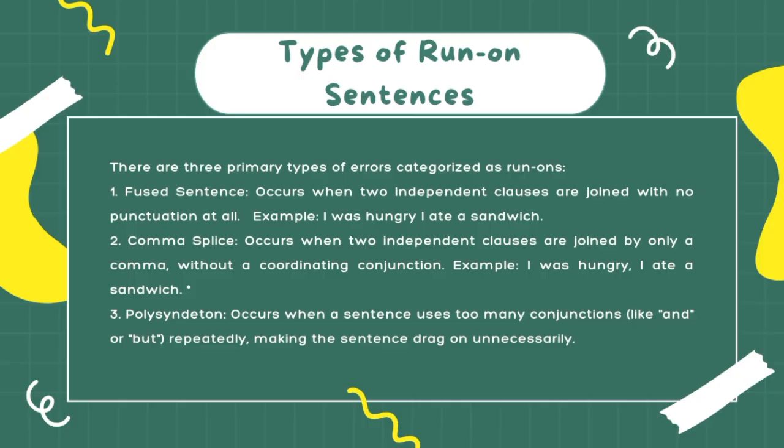Second, a comma splice occurs when two independent clauses are joined by only a comma without a coordinating conjunction. Example: "I was hungry, I ate a sandwich." Third is polysyndeton. It occurs when a sentence uses too many conjunctions like "and" or "but" repeatedly, making the sentence drag on unnecessarily.